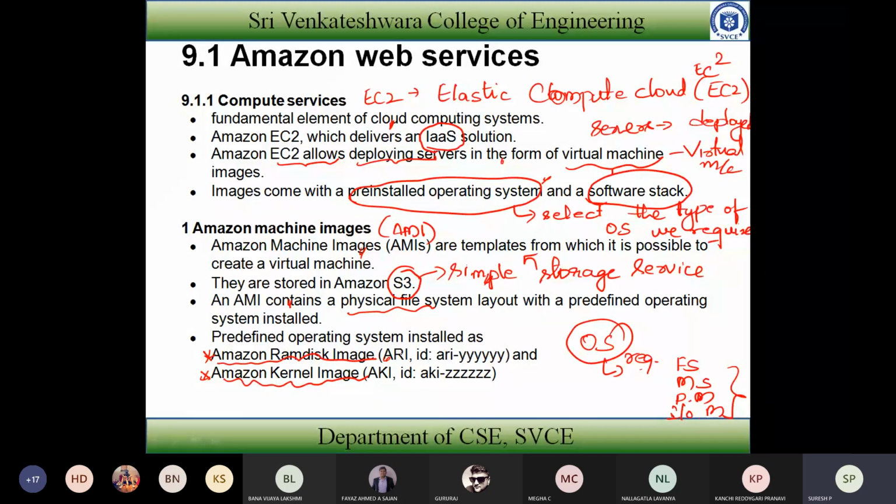Your Amazon RAM disk image is referred to as ARI, and your Amazon kernel image is referred to as AKI, and each will have an ID.